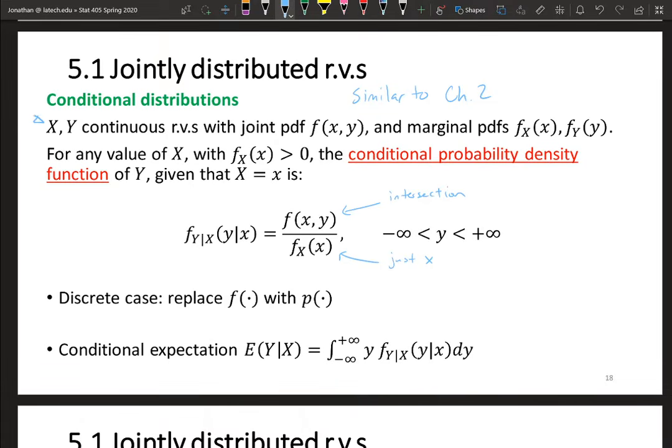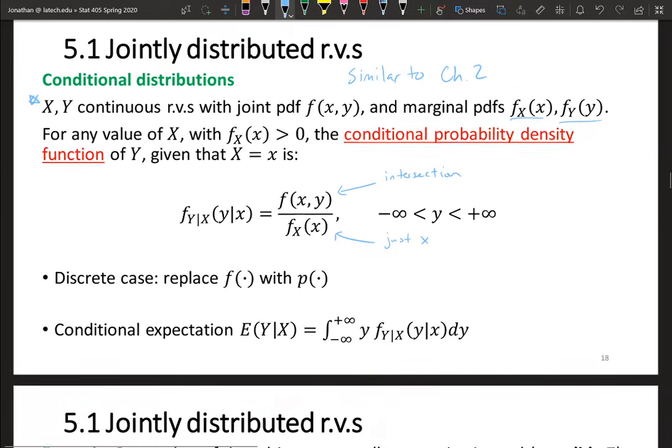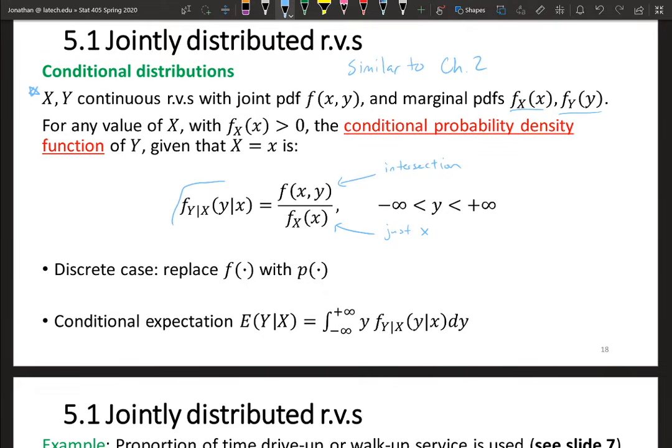So if we start out here with the definition: if x and y are continuous random variables with joint PDF f of x, y, and marginal PDFs f sub x and f sub y, for any value of x with f of x greater than 0, the conditional probability density function of y, given that x is equal to some particular value little x, is f sub y given x. So it's a conditional PDF.